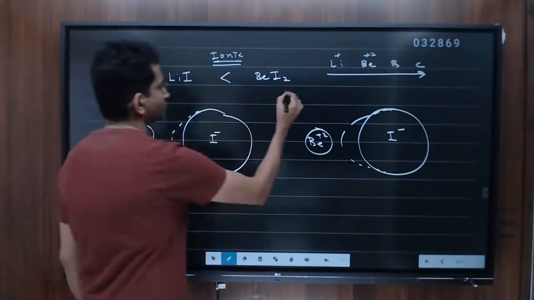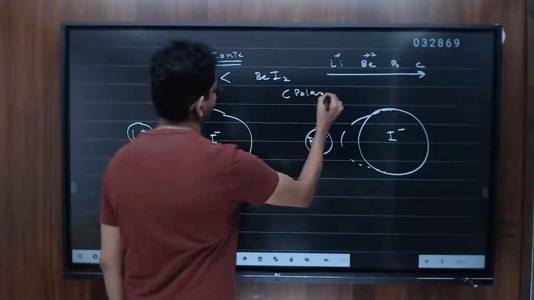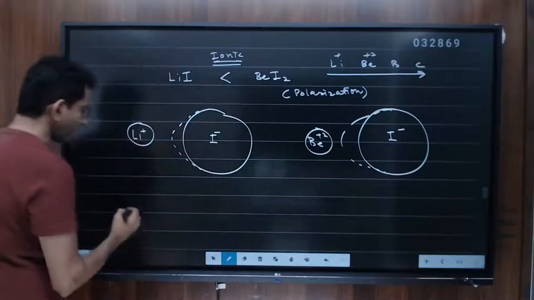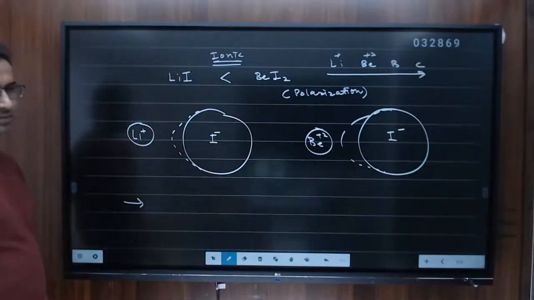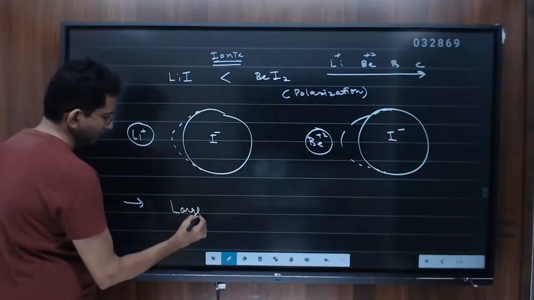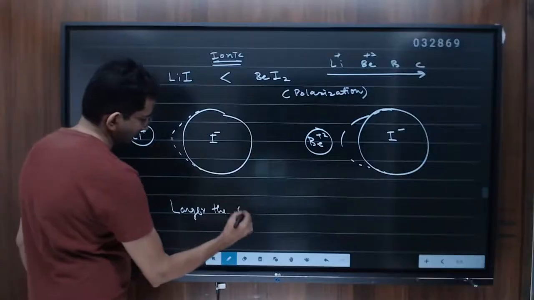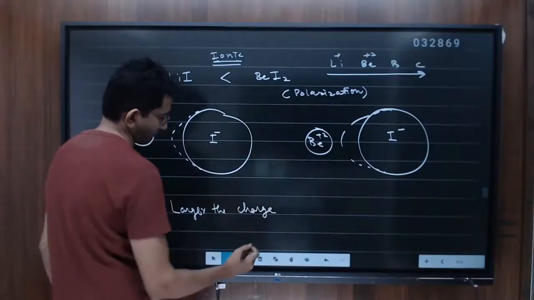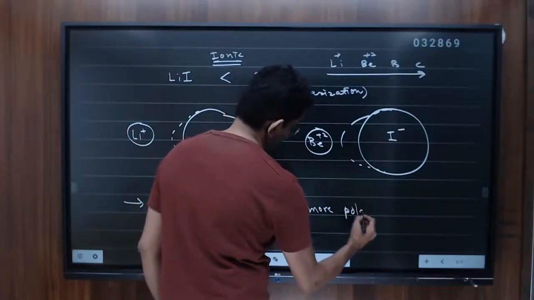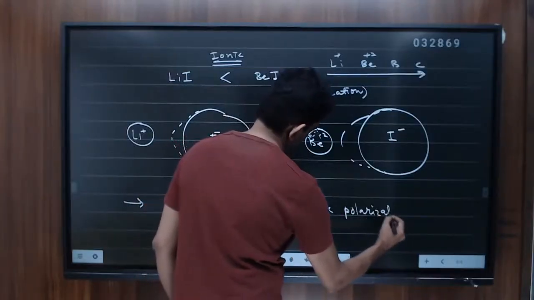So this order I am showing is of polarization. So what we can note over here is that larger the charge, more polarization.